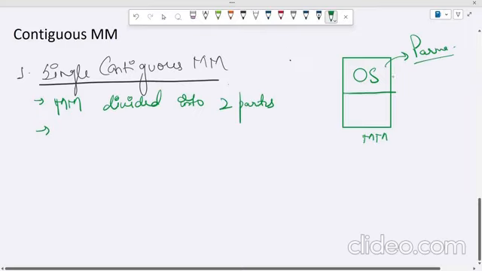In general, if memory is divided like this, then the operating system resides permanently in the lower part of main memory.